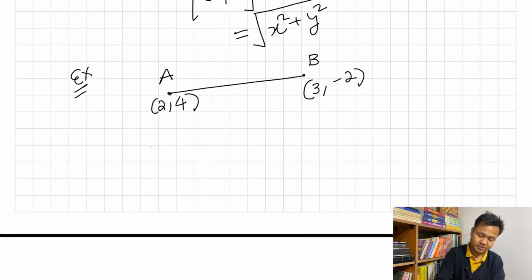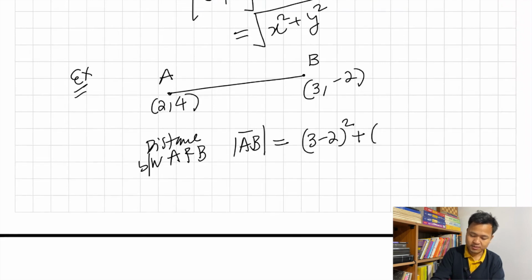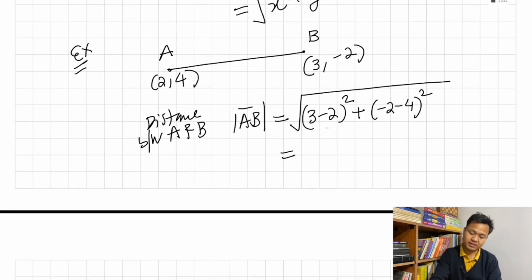The distance between A and B will be given by 3 minus 2 whole square plus minus 2 minus 4 whole square, that is x2 minus x1, y2 minus y1. 3 minus 2 is 1, square is 1.